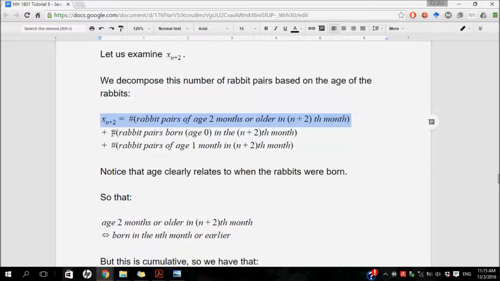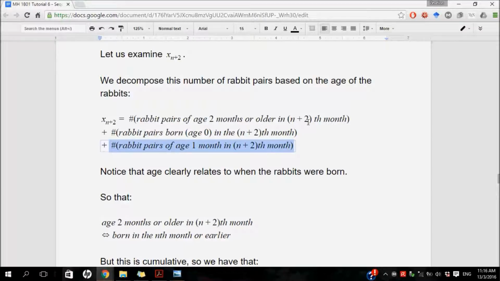Then the next thing we would look at would be the number of rabbit pairs that are born in the n plus 2th month, in other words, those of age 0. And finally, we also have the number of rabbit pairs of age 1 month in the n plus 2th month. This is a sensible decomposition: those of age 0, age 1, and ages 2 or older in the n plus 2th month.